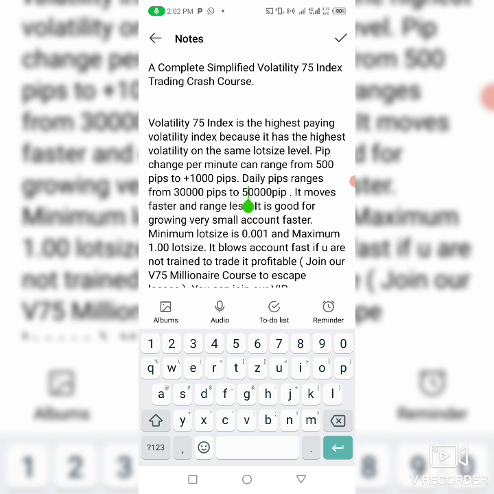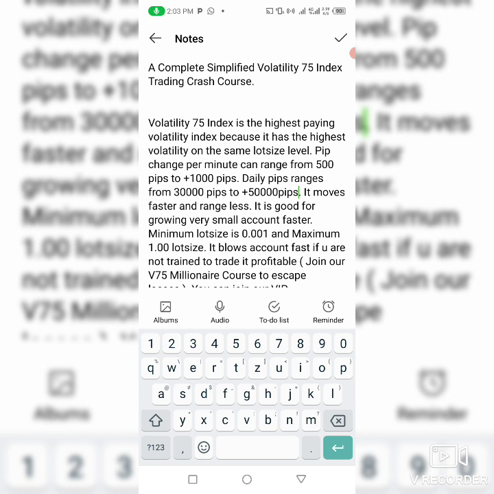So it's a very volatile asset. This is typical, this is the average range. So the daily pips range from 30,000 pips to 50,000 plus pips. Imagine how big the weekly and monthly pip levels will be, much bigger, but I don't want to go into that because this is just a preamble.